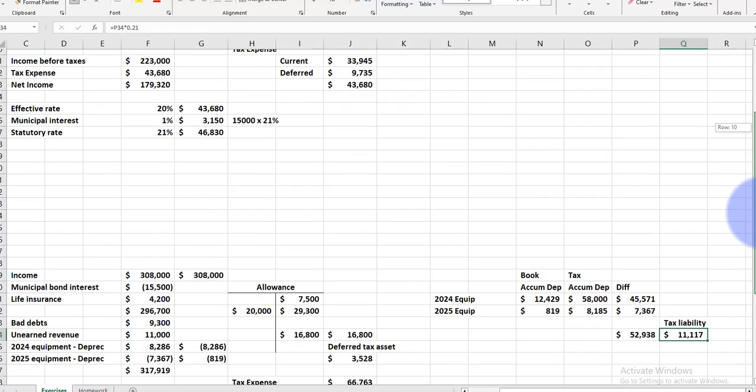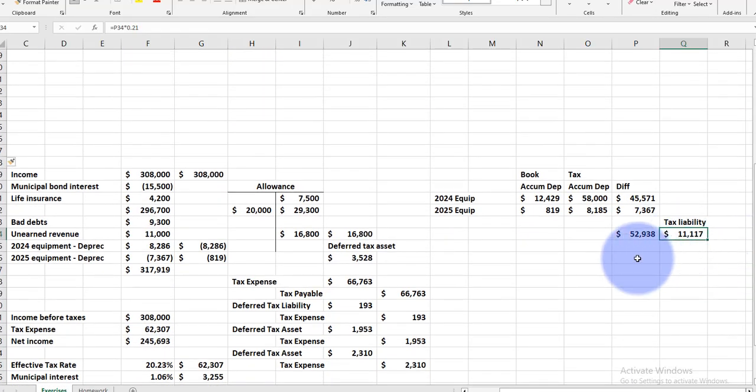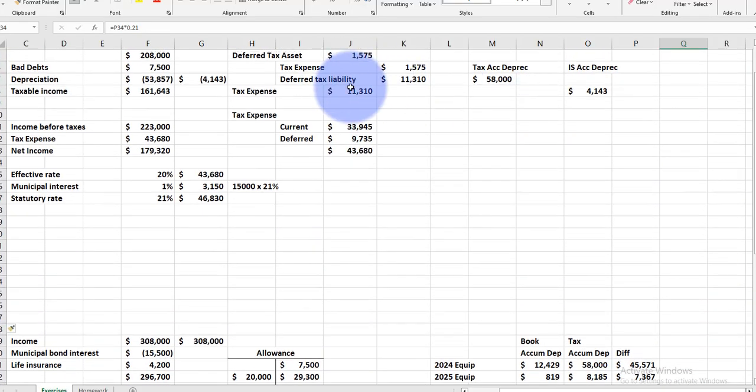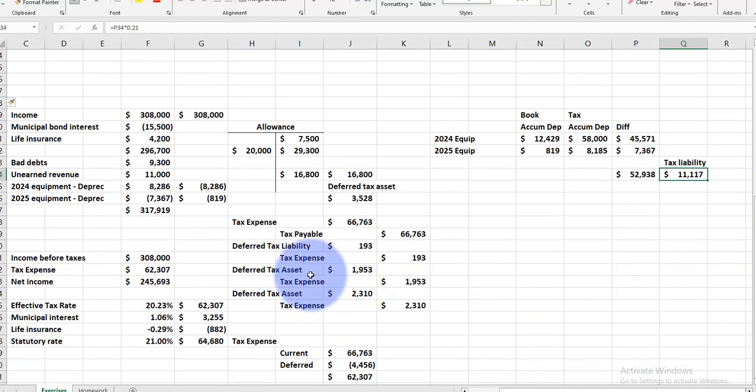Okay, so we actually have it go down. So we need to debit the liability and credit the tax expense. By comparing it to the year before, you always know the right direction to go. Okay? You can usually get the amount from over here, the differences, but to get the direction, you need to compare this year's liability to last year's liability. And that tells you it's going down, so we need a debit, credit the tax expense.